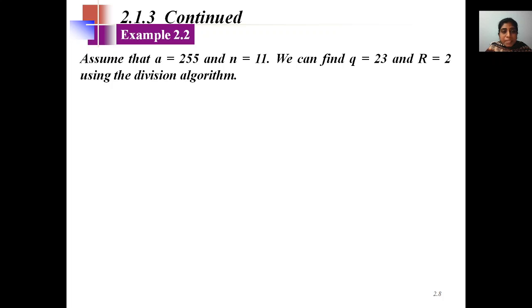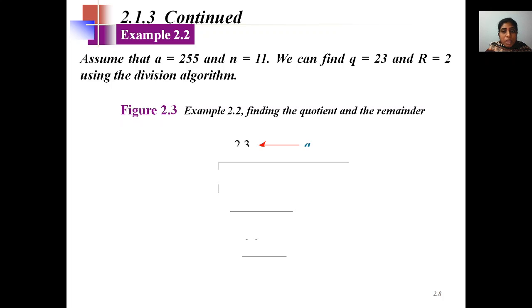Here is an example for that particular division algorithm. When we apply any division, we can see the representation of n, q, a and r. n is the divisor, a is the dividend, q is the quotient and r is the remainder.